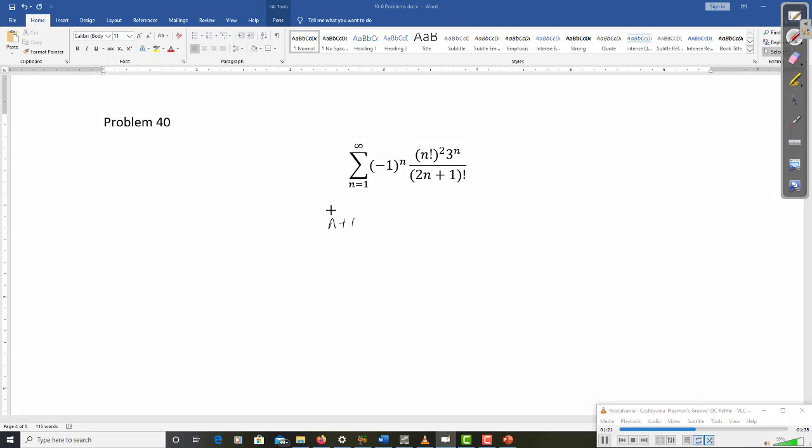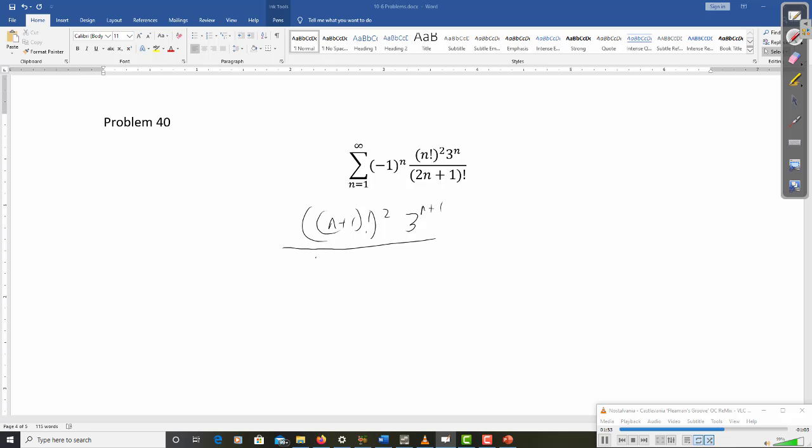If I do n plus 1 factorial to the 2 over... That thing on the bottom is very interesting. I wonder if I can simplify that in some way. I don't know.